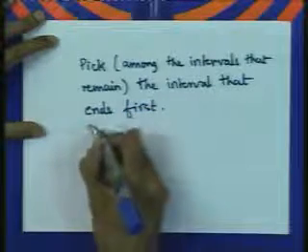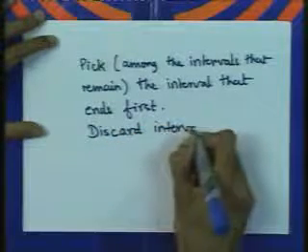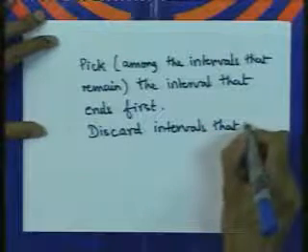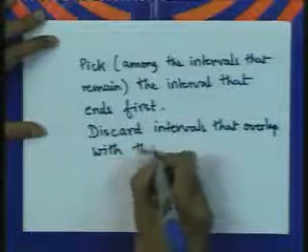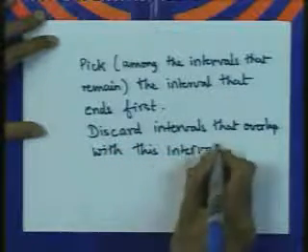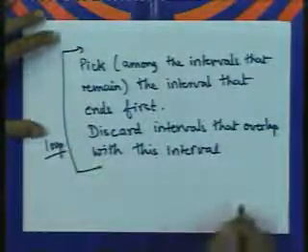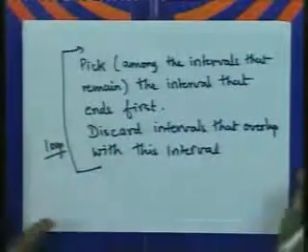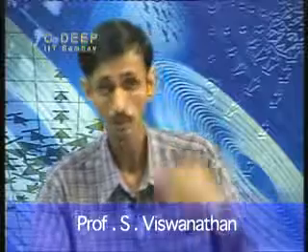Discard intervals that overlap with this interval, and the whole thing is in a loop. You are done when you've discarded all the intervals and have an empty set. You start out with a set of intervals and do this in a loop till you don't have intervals to deal with. Now this was the algorithm.